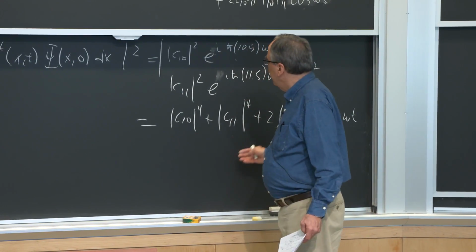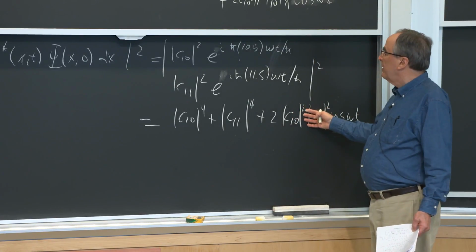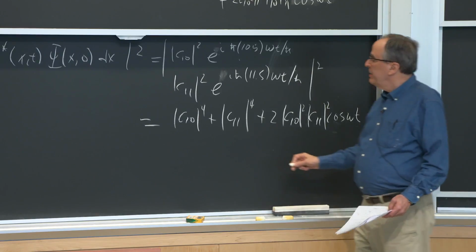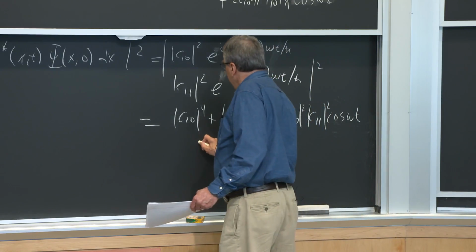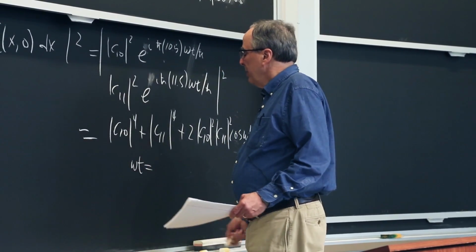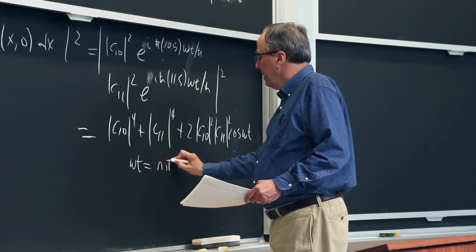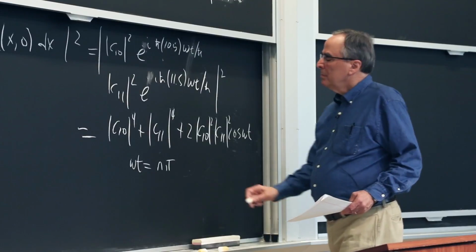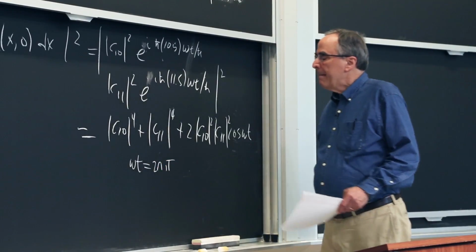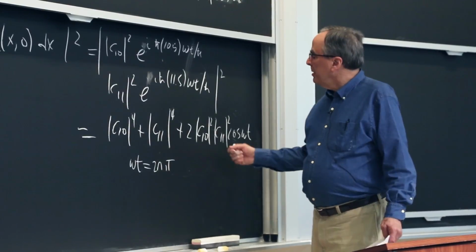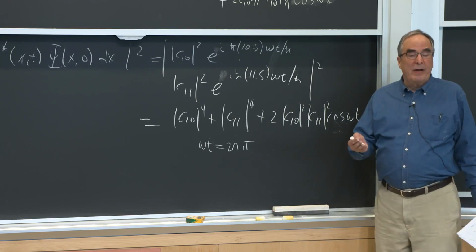Okay, and so you can say the maximum will occur when omega t is equal to 2n pi. So then the exponential factor is always 1.